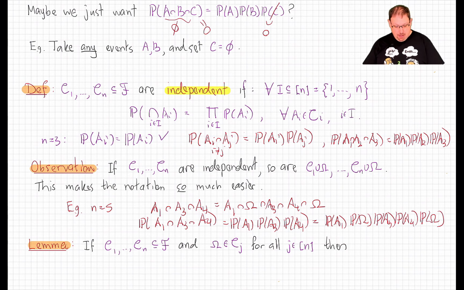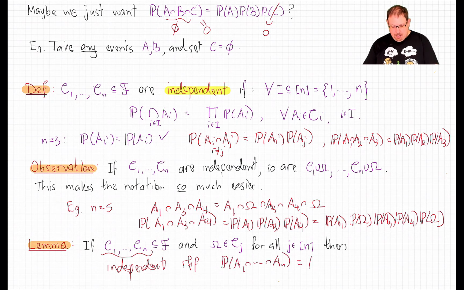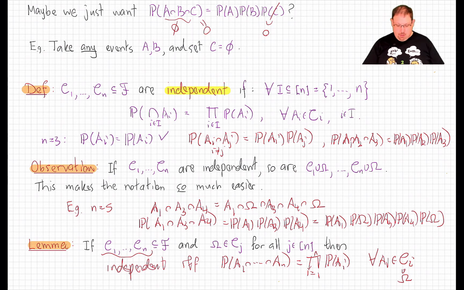If I have classes C1 through Cn that, without loss of generality now, we'll assume include the whole sample space, they are independent if and only if the probability of the intersection of A1 through An is the product of the probabilities of Ai, for all choices of Ai in Ci, because Ci includes the whole sample space. That's a compelling reason to always, without loss of generality, assume that our classes include the whole sample space.